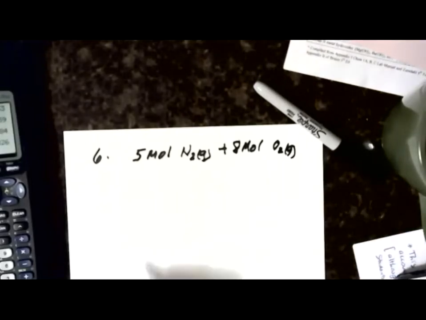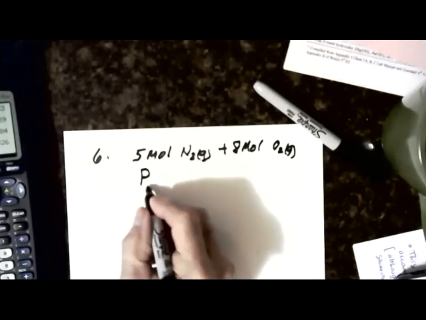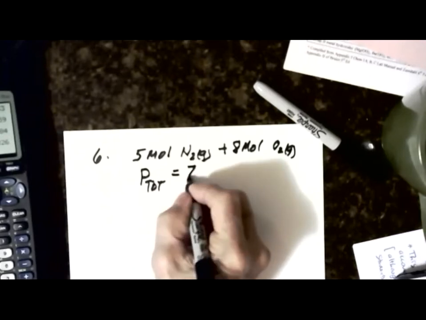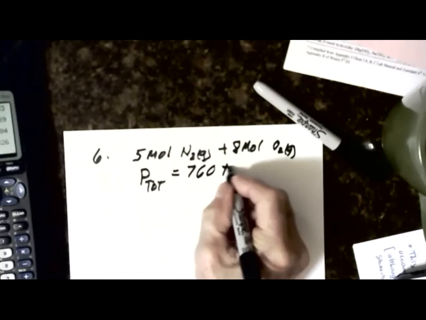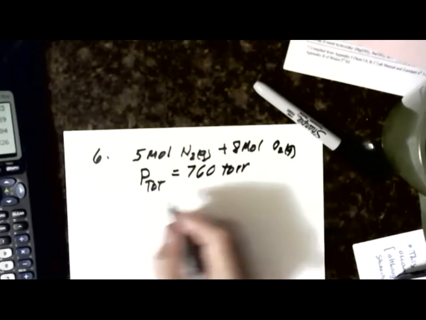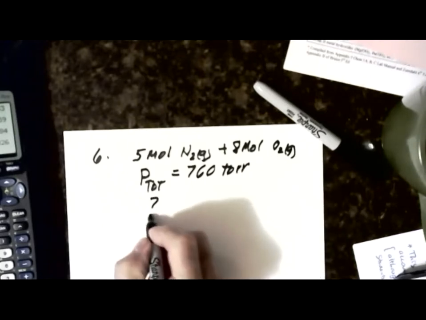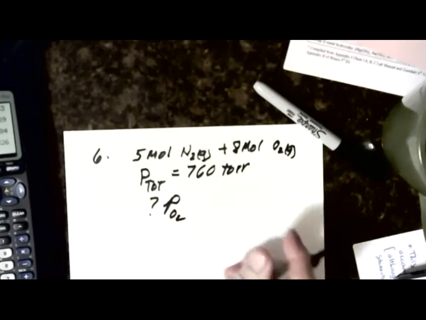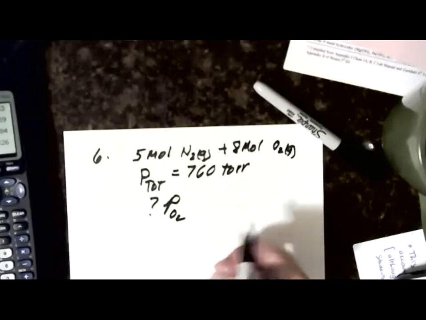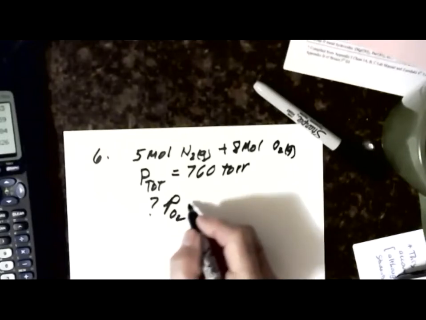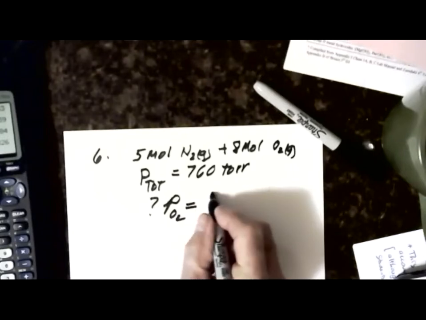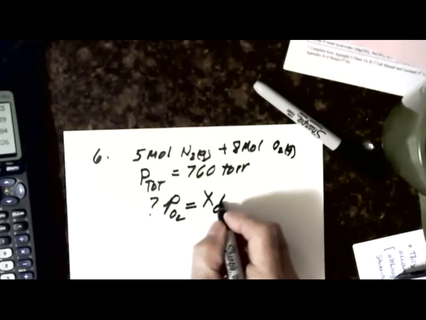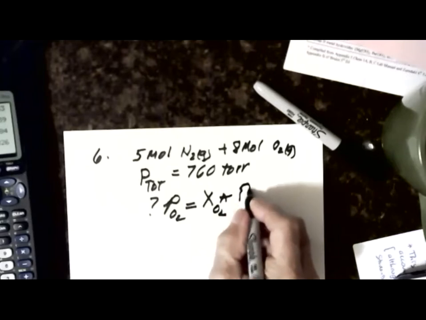And the total pressure is given at 760 torr. And we want to know what is the pressure due to the O2 in that mixture. Well, the pressure due to O2 is going to be equal to the mole fraction of O2 multiplied by P total.